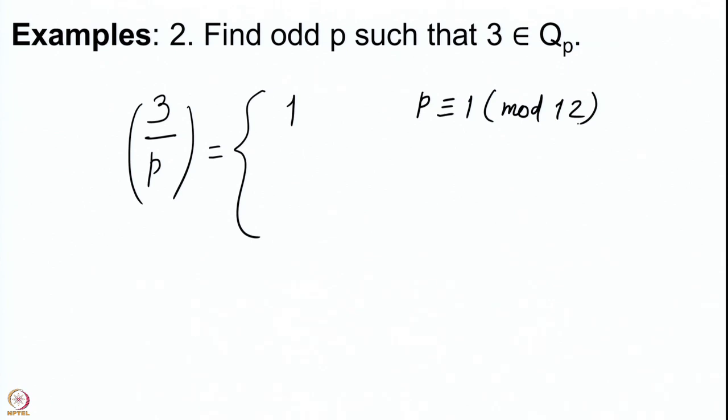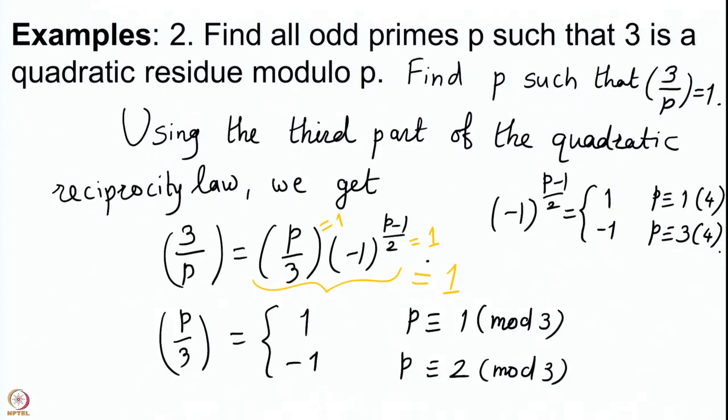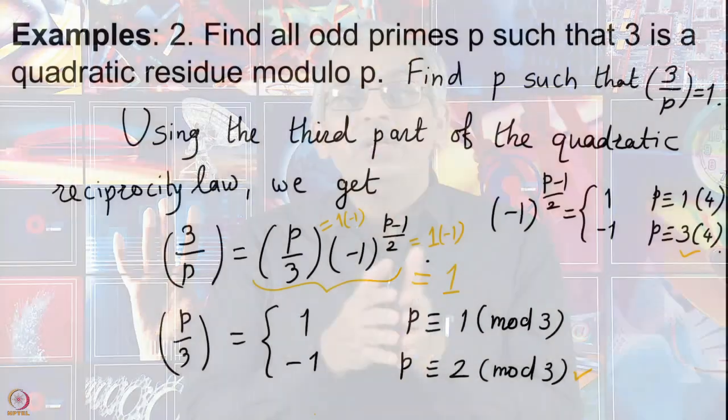This is one case. In the second case, you can have both equal to minus 1, and even then we will get the product to be 1. So, we have to take this case and this case, but here we observe that this is 2 mod 3, here it is 3 mod 4. So, modulo 12 we have a unique class which is given by 11 mod 12. For 11, when you go modulo 4 you get 3, and when you go modulo 3 you get 2.